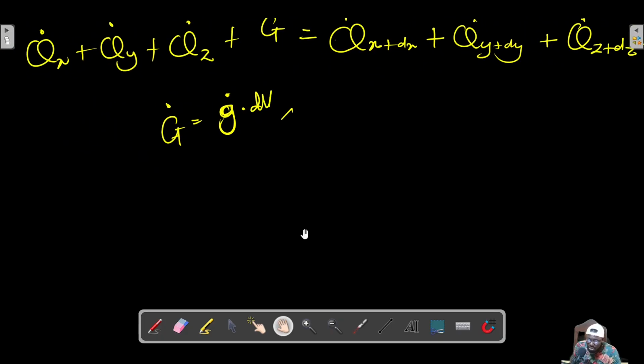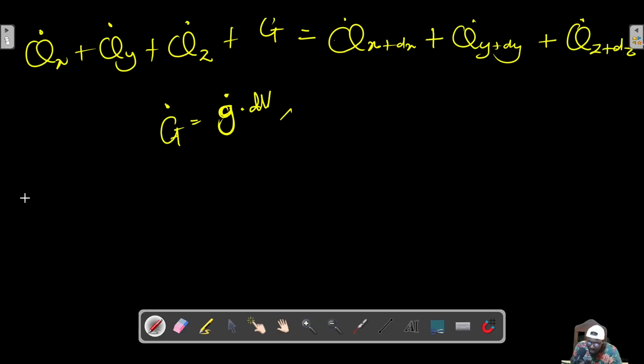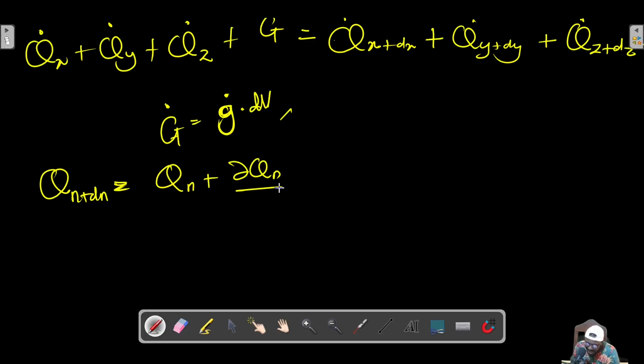Now, before I proceed, I want you to remember this from partial differentiation, from differential equations. You remember from Taylor series, when you have Q subscript n plus dn, the differential of some particular axis or independent variable, it can be written as Q subscript n plus del Q n divided by del n multiplied by dn, plus some higher order terms.